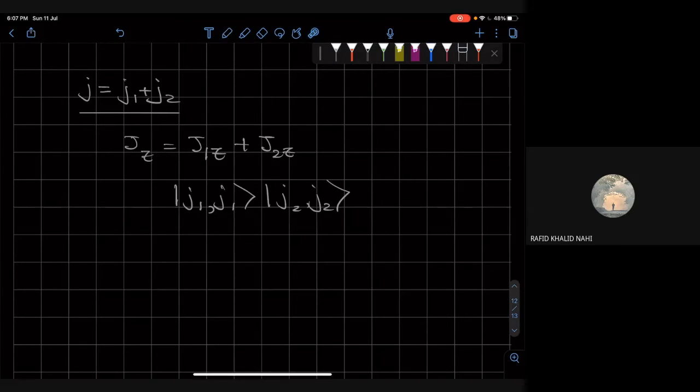Remember that these quantum numbers are fixed, but we can vary these numbers. But of course, if we apply Jz on this thing, we are going to get J1 plus J2.